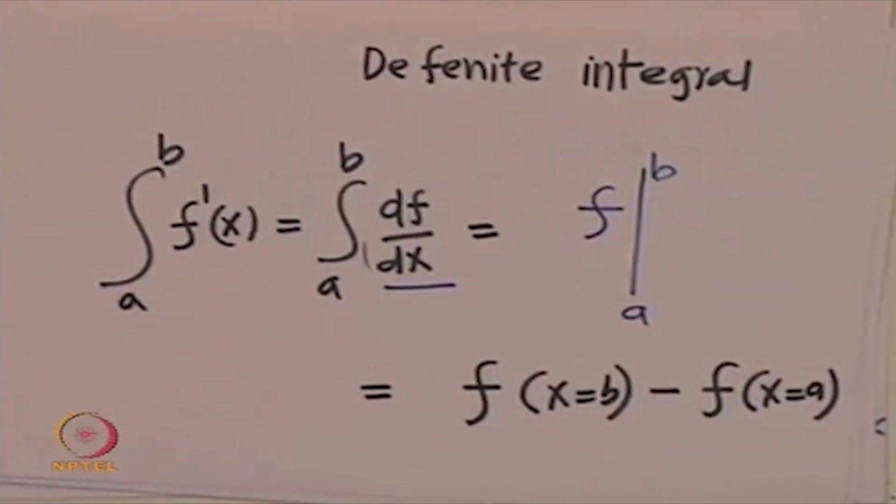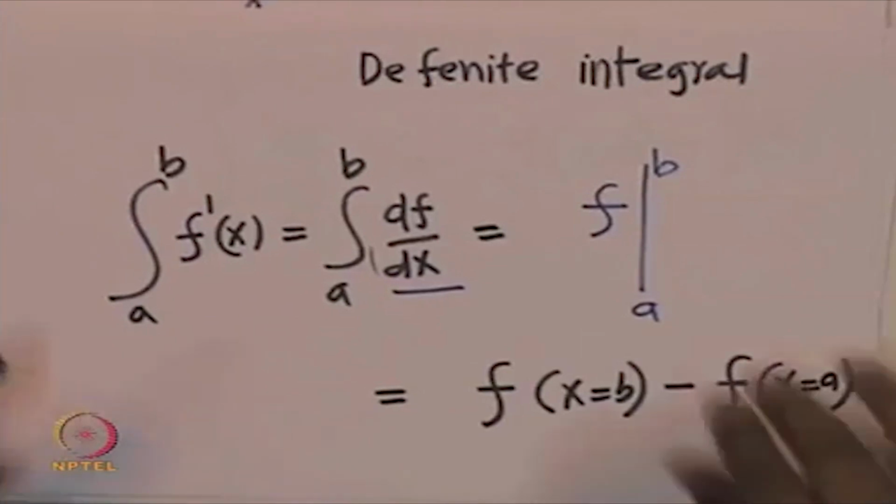So, the answer of the integral of df by dx between these 2 points a and b is f at x equal to b minus f at x equal to a. So, this is the answer. Now let us do some examples.